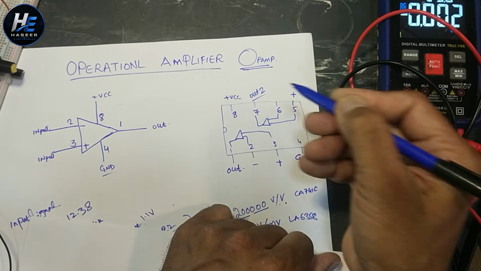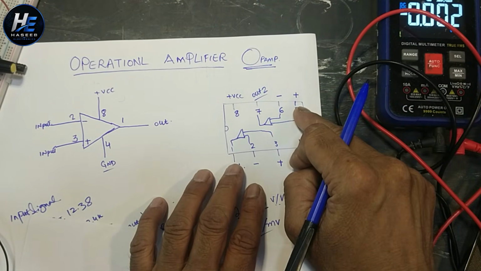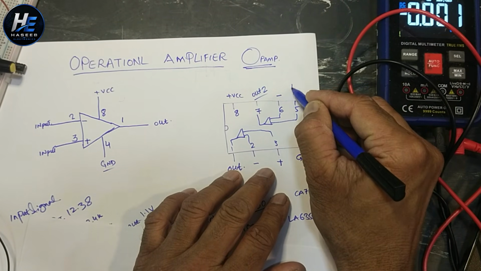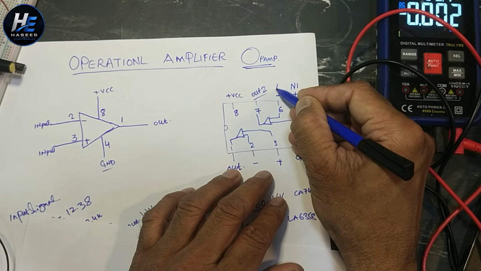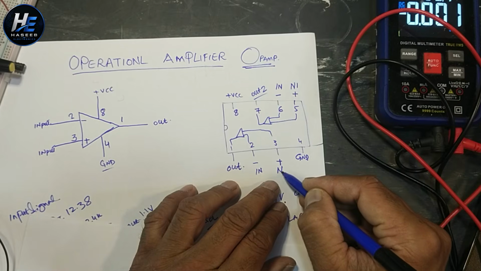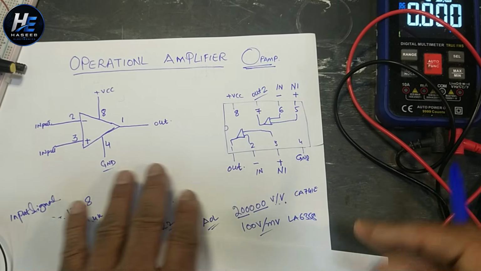Pin 5 non-inverting input, pin 6 inverting. These positive signs indicate non-inverting input, and this one inverting input. IN inverting and IN non-inverting.